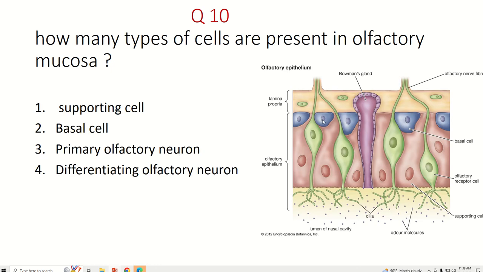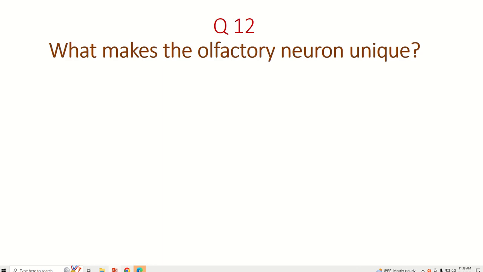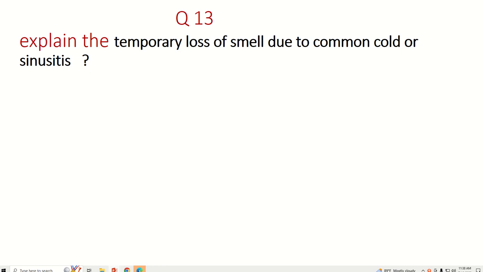Supporting cell, basal cell, primary olfactory neuron, and differentiating olfactory neuron, usually from basal cell. What is the lifespan of the primary olfactory neuron? 30 to 60 days. What makes the olfactory neuron unique? It is the only neuron of the body which can proliferate postnatally.